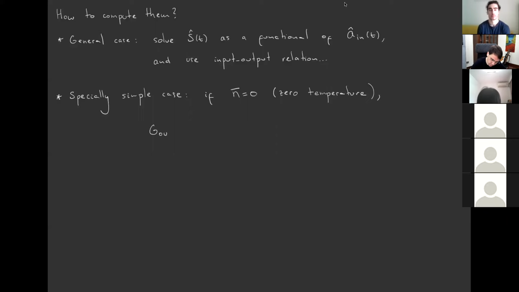So in this case, what's very interesting is that you can just relate the output correlation functions. So the output correlation function of order nm that goes from time 1 to time n plus m, okay? This you can write directly as something proportional, and the proportionality factor is just the decay to n plus m over 2. Another correlation function that I will just call G without the out.